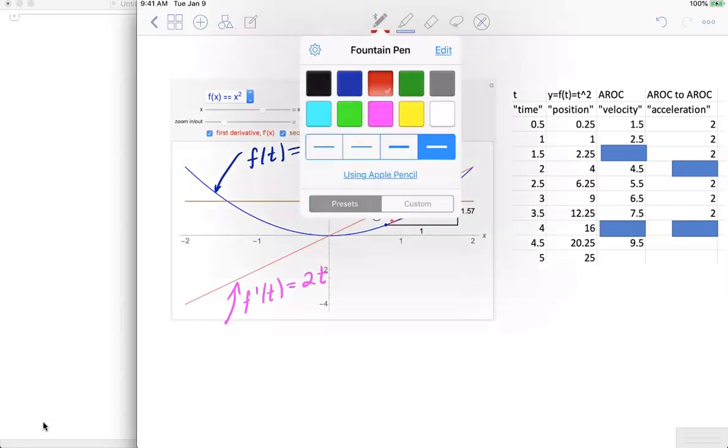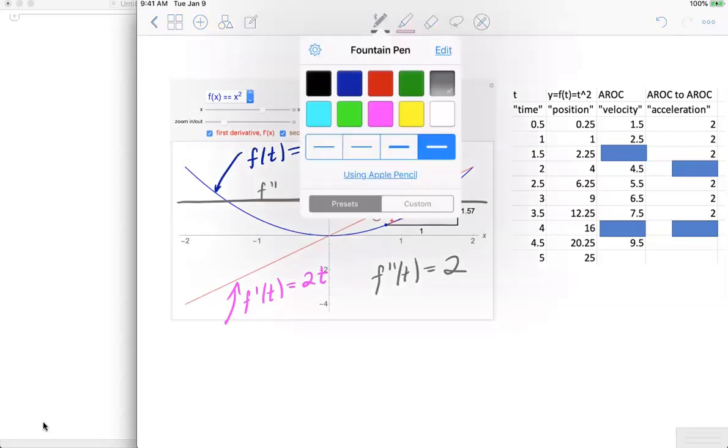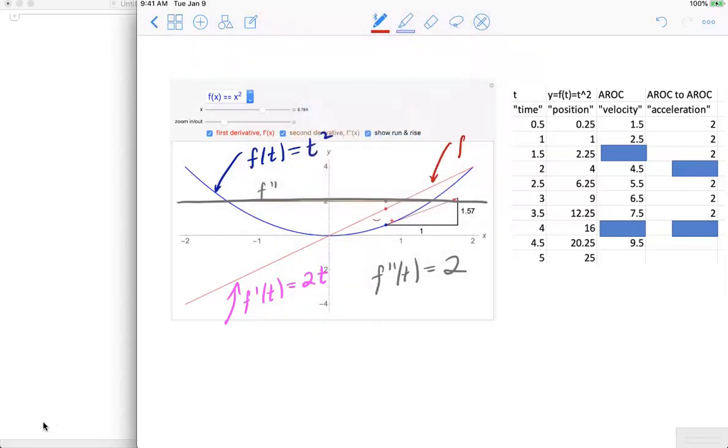And then we did the limit to find f double prime at t, and we got that was equal to 2. So what we're seeing here is three different graphs. Here is the graph of f double prime. Here is the graph in red of f prime, and then the graph in blue is the function itself.